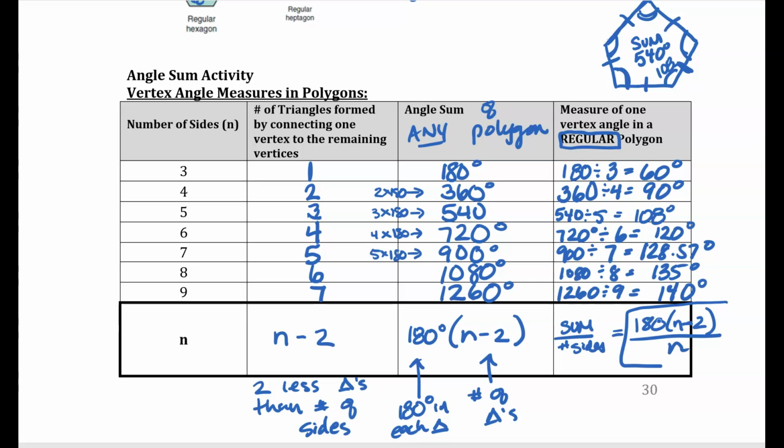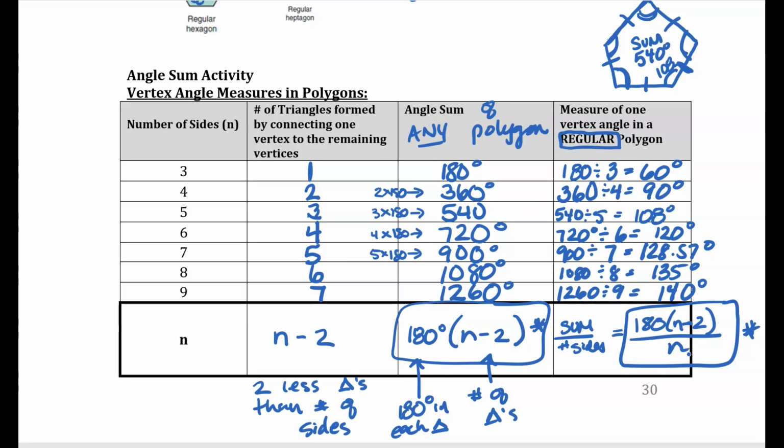So this is the formula. You got a couple of important formulas here. So this one and this one you're going to need. So this first one again is the angle sum of any polygon, and this second formula here is the measure of one vertex angle in a regular polygon, because we're dividing by the number of sides.